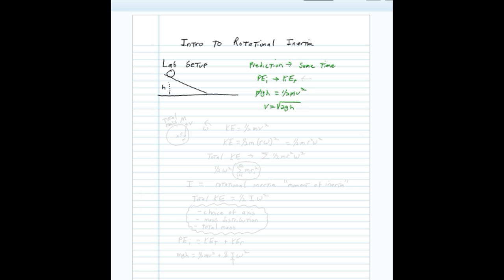So I want you to think about, suppose we had a rigid object like a disk. Let's imagine that this is a solid disk, and it has a total mass of m. Now, let's consider one particle on this disk that makes up part of its mass.